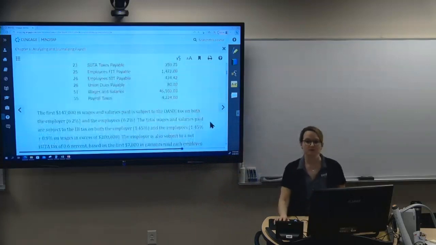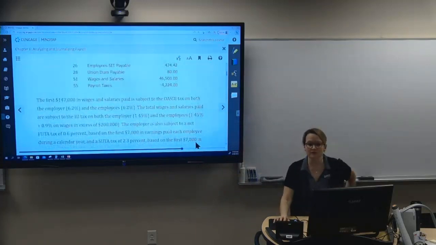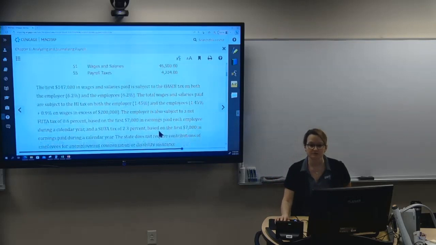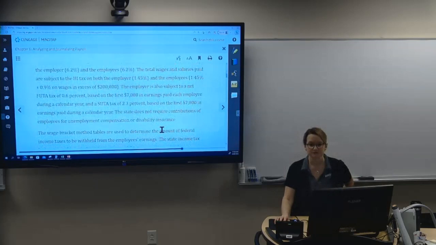All right. So the first $47,000 in wages and salaries paid is subject to OASDI. We know that. Employer 6%, so they're just reiterating all of those rules, everything that we've learned in the preceding chapters here. Employers are also subject to a net FUTA tax of 0.6% on the first $7,000.